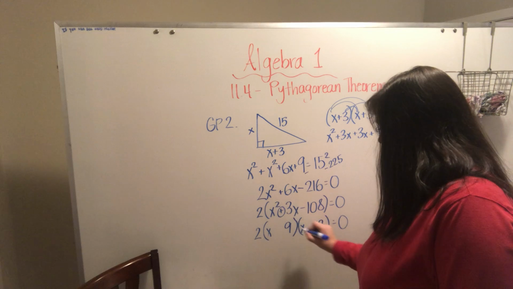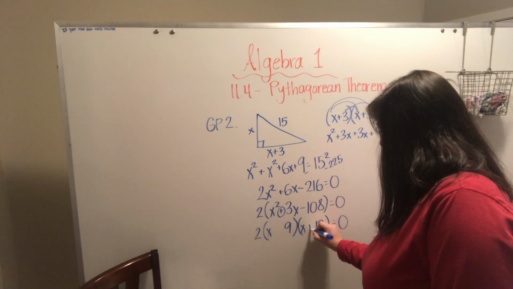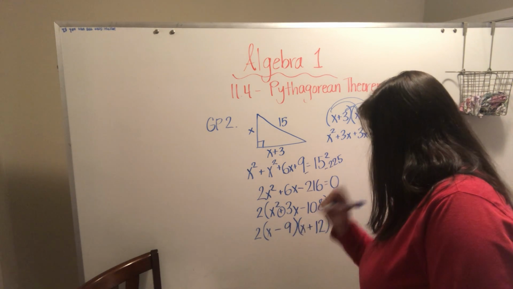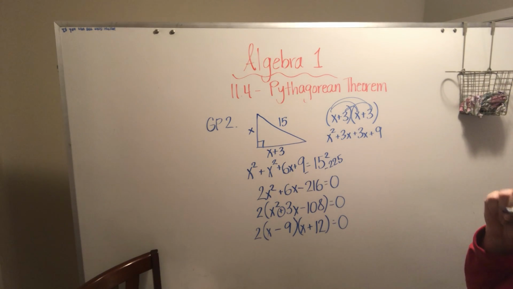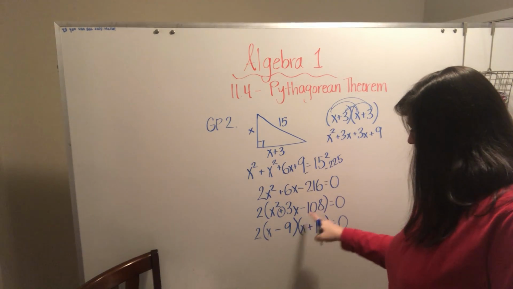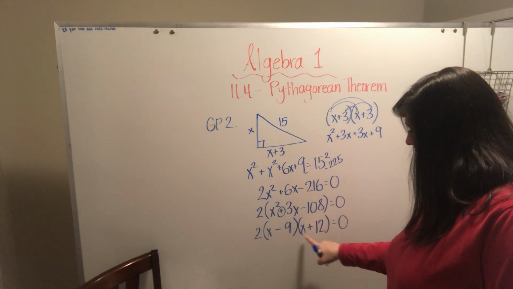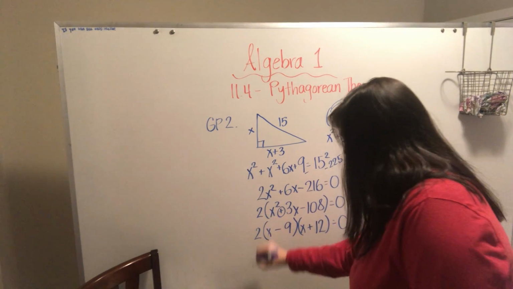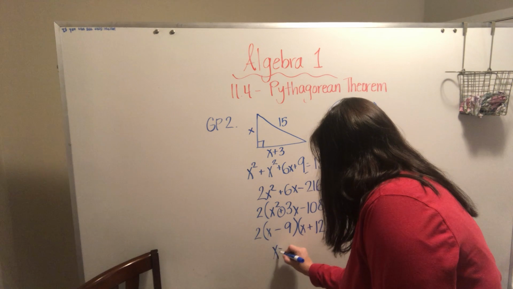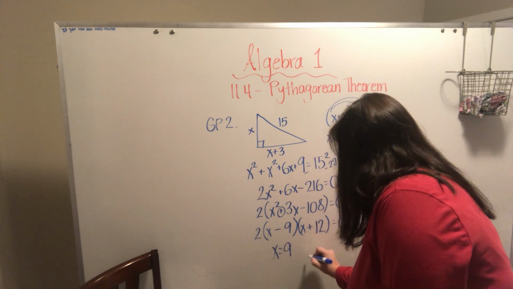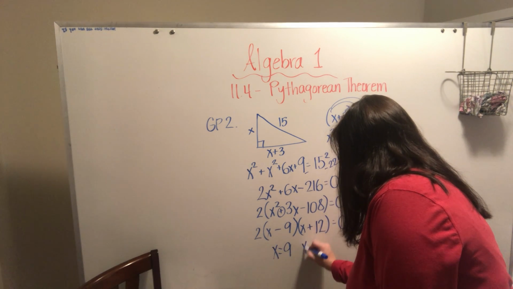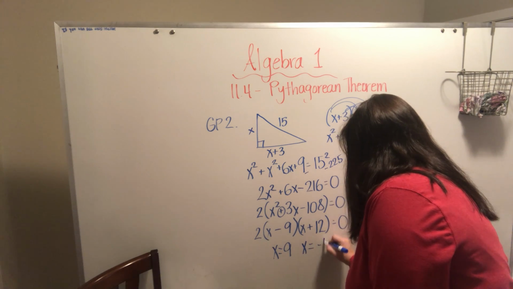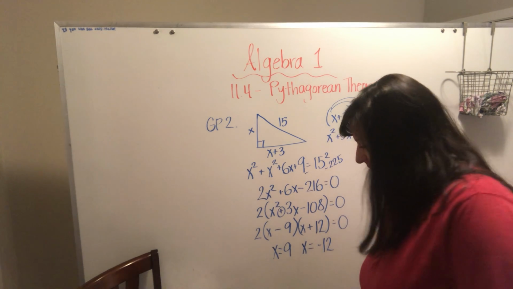Realizing I need a positive number here, this has got to be bigger. Plus 12, minus 9. Okay? Again, 12 times 9 gives me 108. 12x minus 9x gives me 3x. In solving this, I get x equals 9 and x equals negative 12.